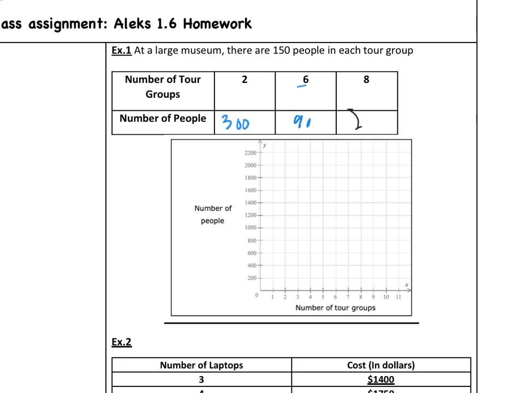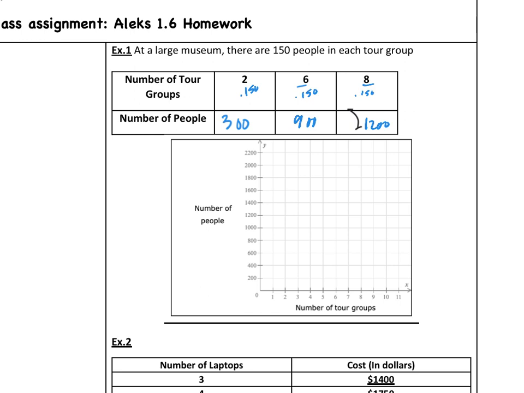There's going to be 900 people in that tour group. And then if there's 8 groups, well, that's going to be 1,200 people in that tour group. If you weren't quite sure how we did that, we multiplied each one of those times 150, right? Because there's 150 people in each tour group.